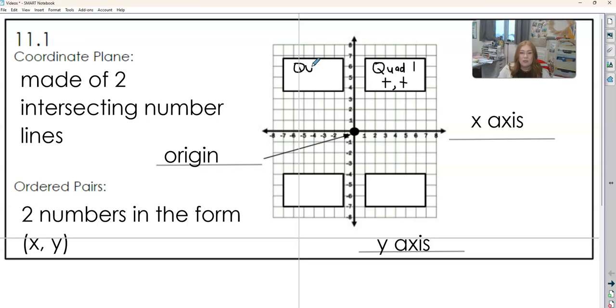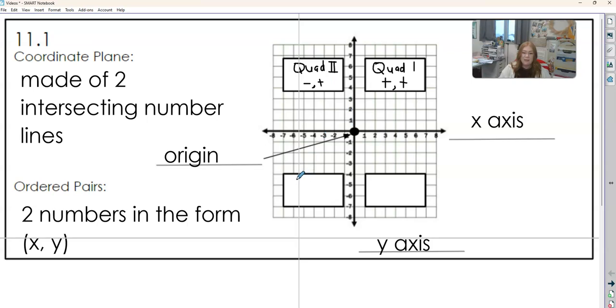We get quadrant 2, and we usually use Roman numerals for this. So it's going to look like this often, quadrant 2. So quadrant 2, we have to go to the left, which is negative, and then we go up, which is positive. So it's made up of a negative, then a positive number.